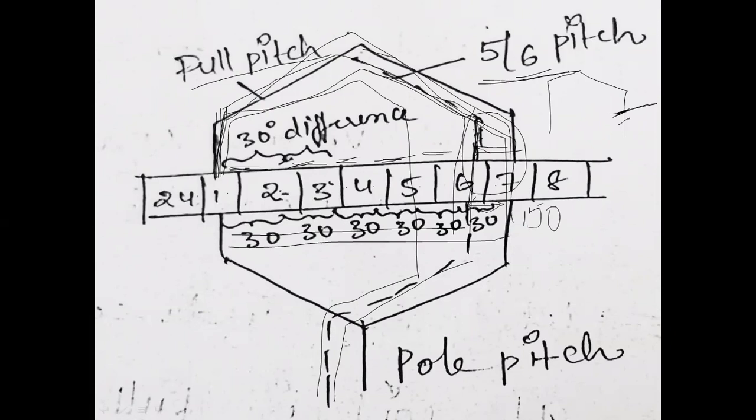Because the voltages induced in the two sides of the short pitched coil are slightly out of phase, so their resultant vectorial sum is less than their arithmetical sum, right? This is the only disadvantage, but we have more advantages. Now we have to write the formula.